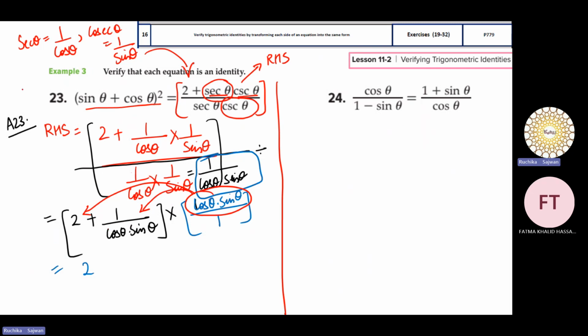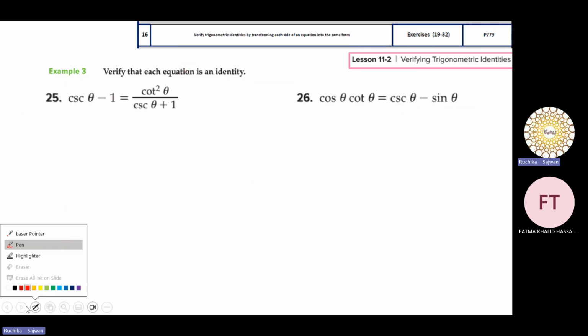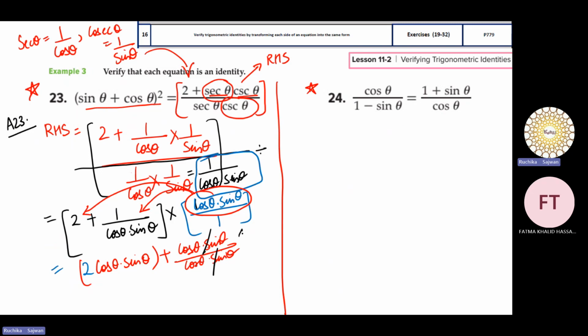So this is a very, very important question, 23, 24. Please pay attention. So I multiply 2 with cos theta sine theta. This is my first term after distribution. And the second term after distribution, numerator and denominator same, cos theta sine theta divided by cos theta sine theta, same term. So I will cancel it and this becomes 1.